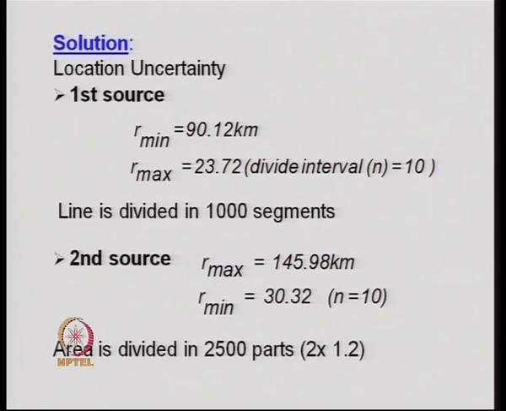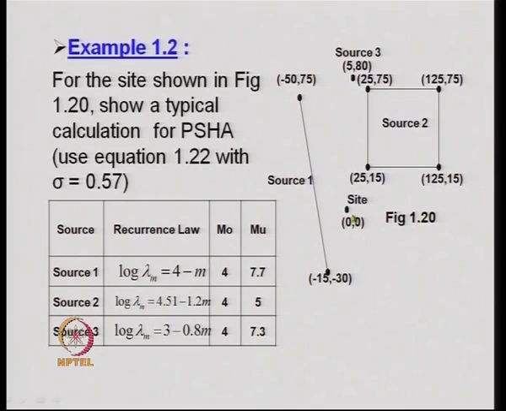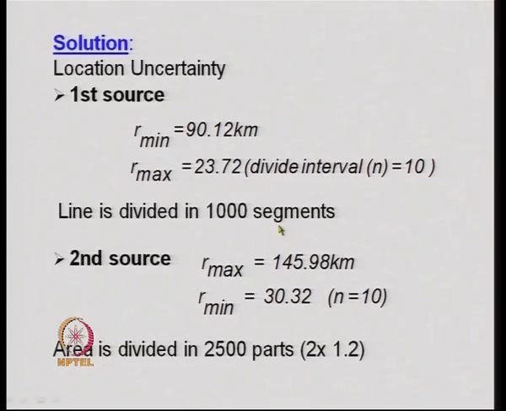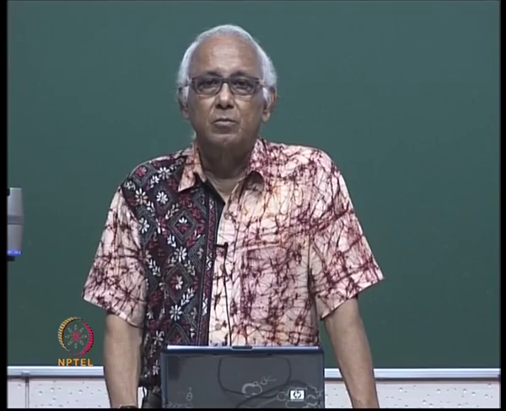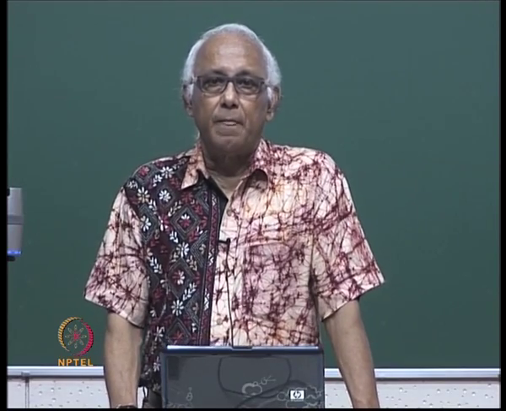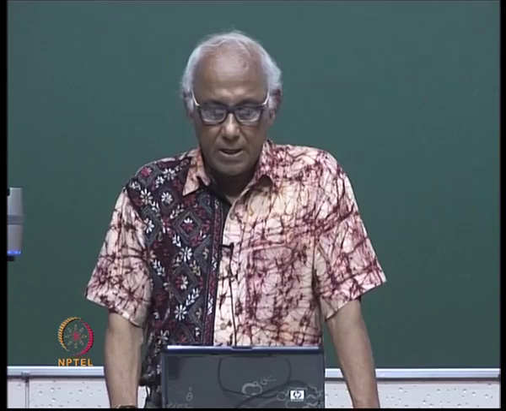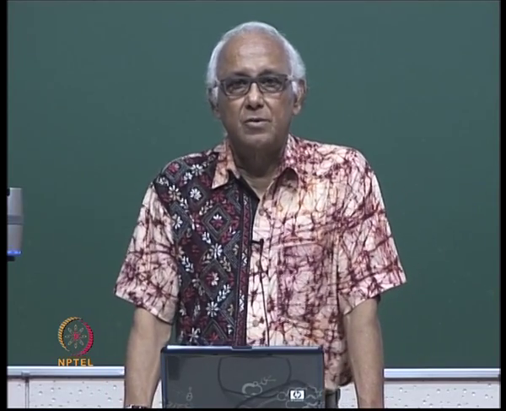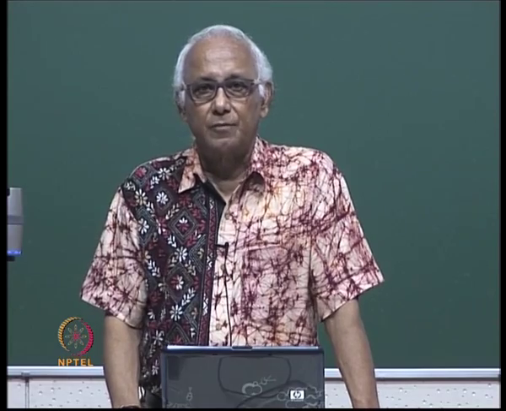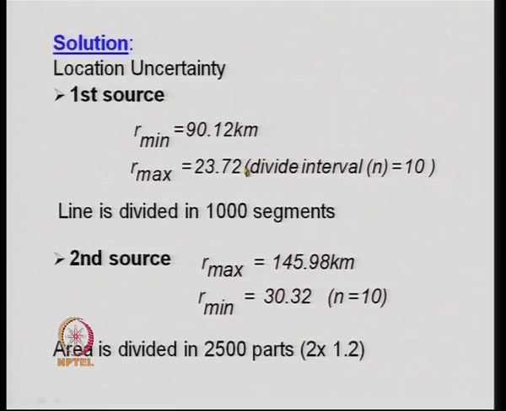Now, the epicentral distance would vary, and if we assume that the line is divided into 1000 segments, then for each segment we can assume the center of the segment to be a source of earthquake, and thus we will get 1000 values of the R. Now, these 1000 values of the R would lie between 23.72 to 90.12.